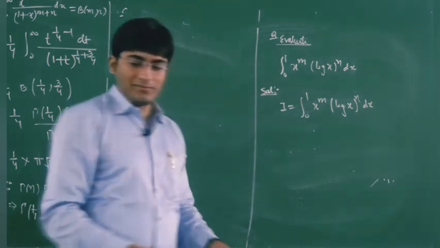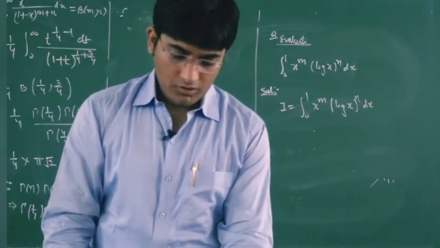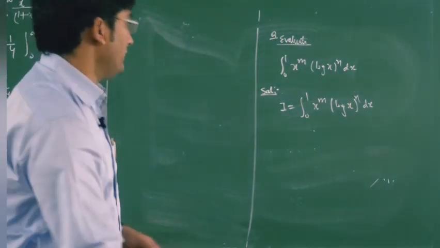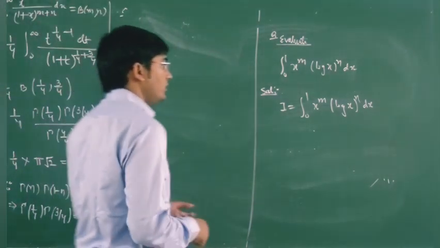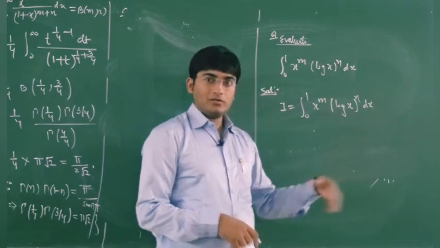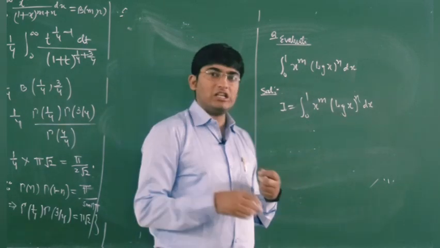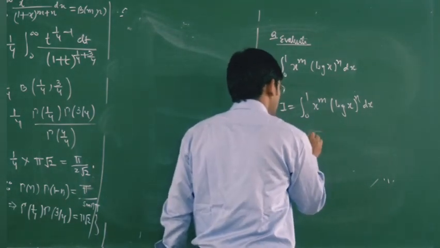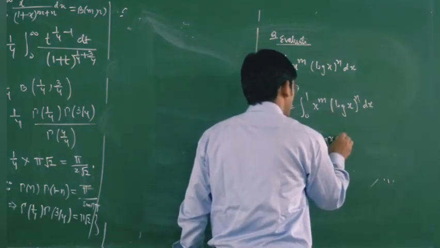Here note that as I am not getting any power of 1 minus t, we cannot use our beta function. So let us apply the gamma function. For that we need e to the power minus x. So to get that, let us assume log x equal to minus t.